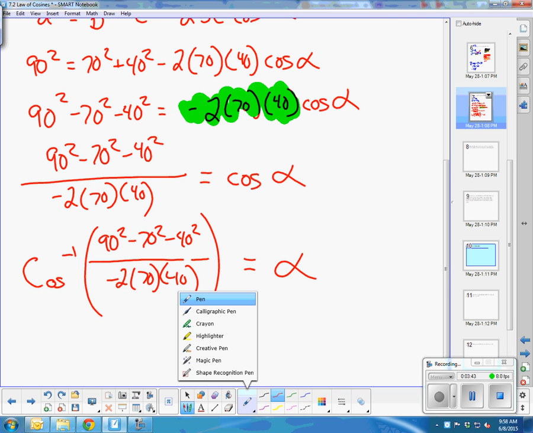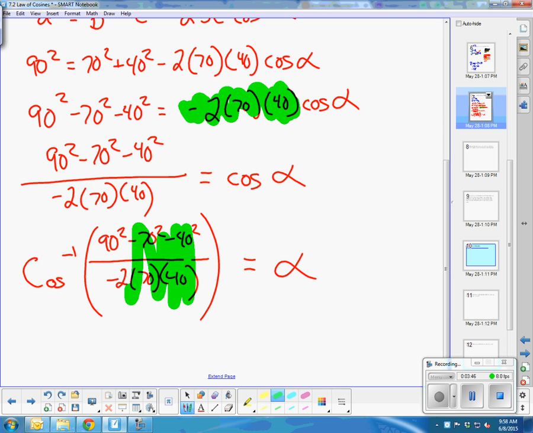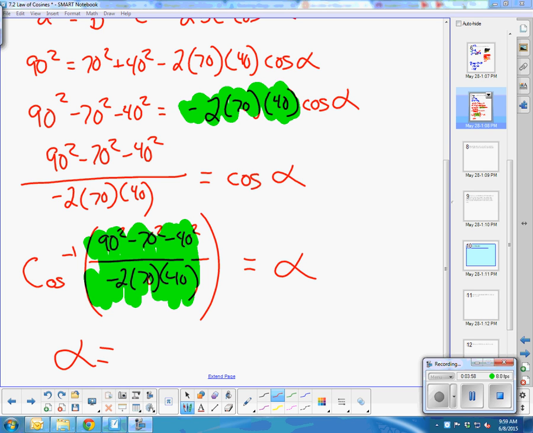Like I said in the last video, this piece right here, you can simplify ahead of time, or you can enter it into your calculator as one big expression. That's really your choice. At the end, though, we're going to get alpha equals approximately 106 degrees.